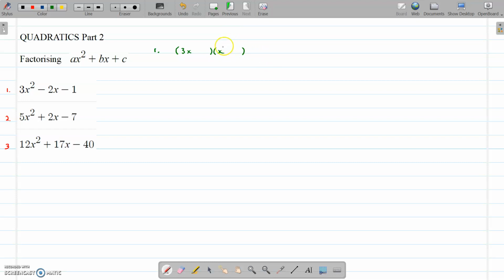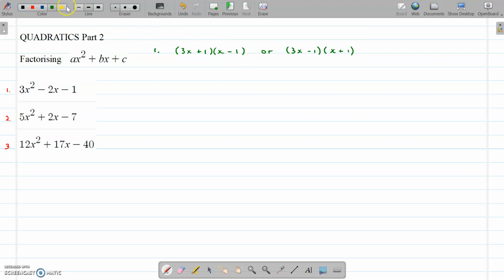We also know that the minus 1 can only come from 1 times minus 1. So the question is, is it 3x plus 1 times x minus 1, or is the minus 1 with the 3x and the plus 1 with the x? It's one of those two.